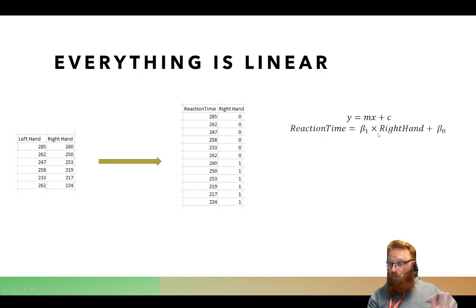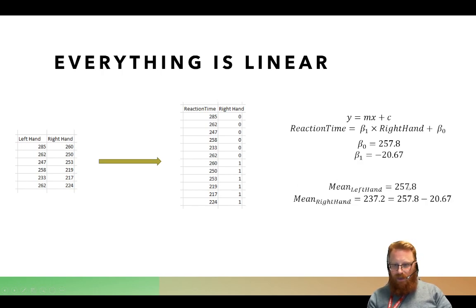So what would happen if we just put this data into Excel and fit a line to it? Well, you would get these results. Beta 0 would be 257.8 and beta 1 would be minus 20.67. That's what would happen if you just put this data into Excel, you never told it you had plans on statistics, you just fit a line to that data. This is what you would get.